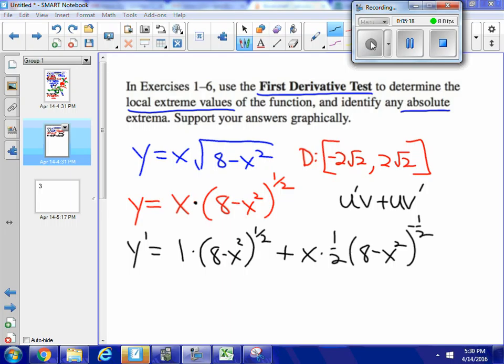That's my outer function. And now I need the derivative of my inside function, which would be times negative 2x. That's the derivative of that piece right there.